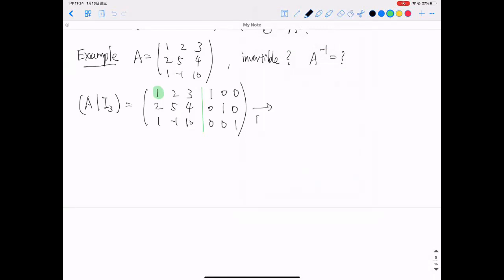Now we need to turn the two entries below this leading 1 into 0. For that, we select these two operations, R2 minus 2R1 and R3 minus R1.